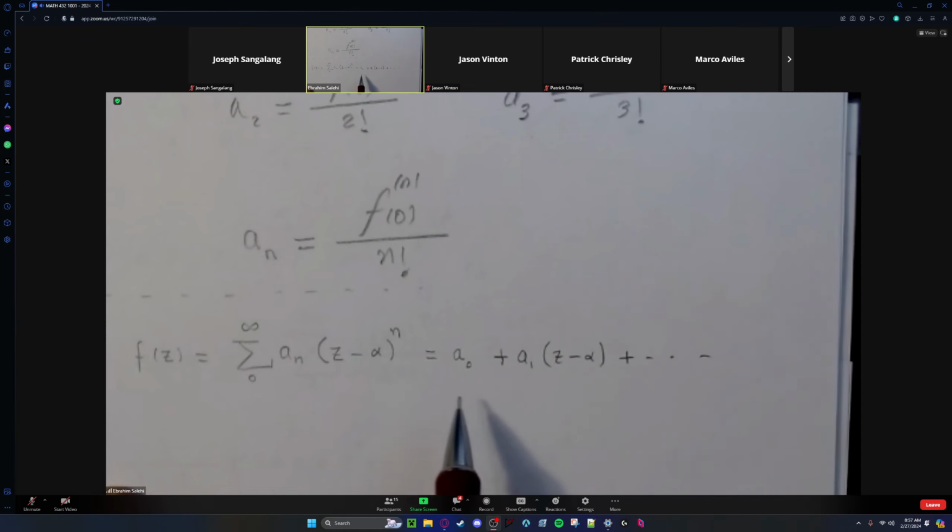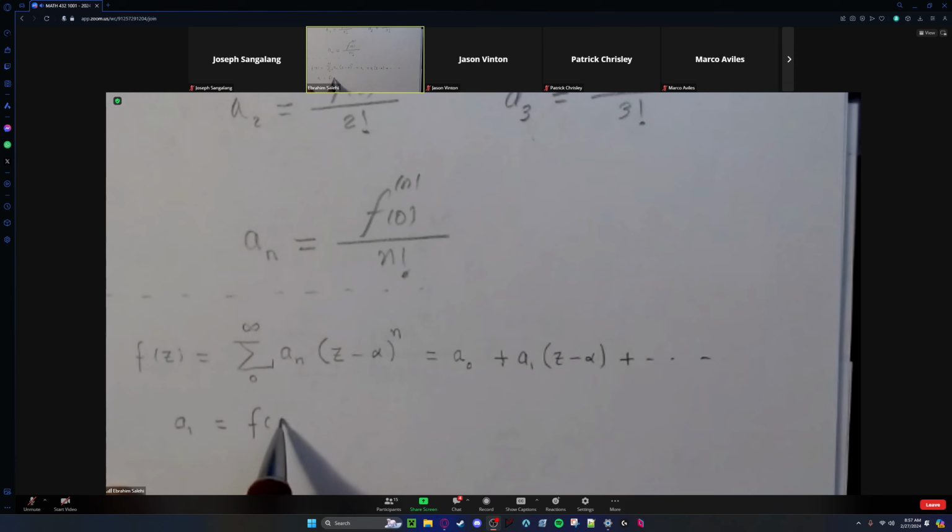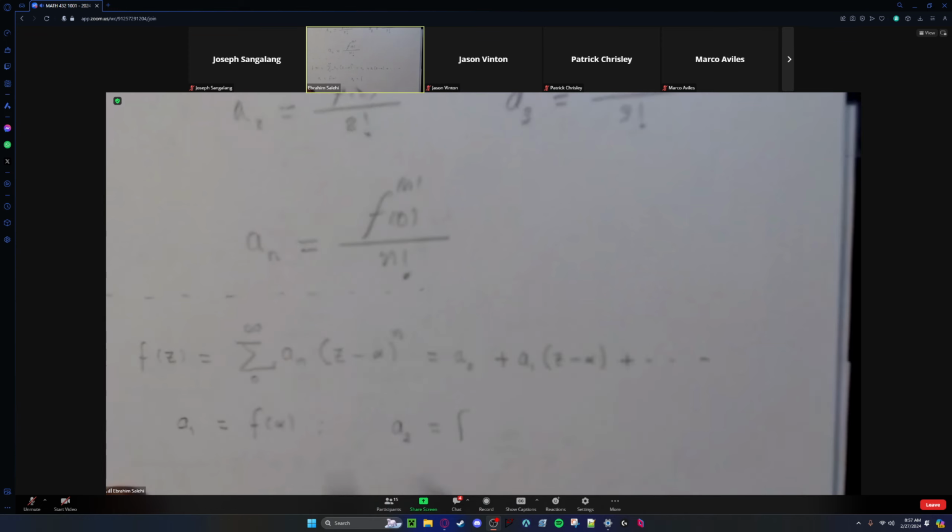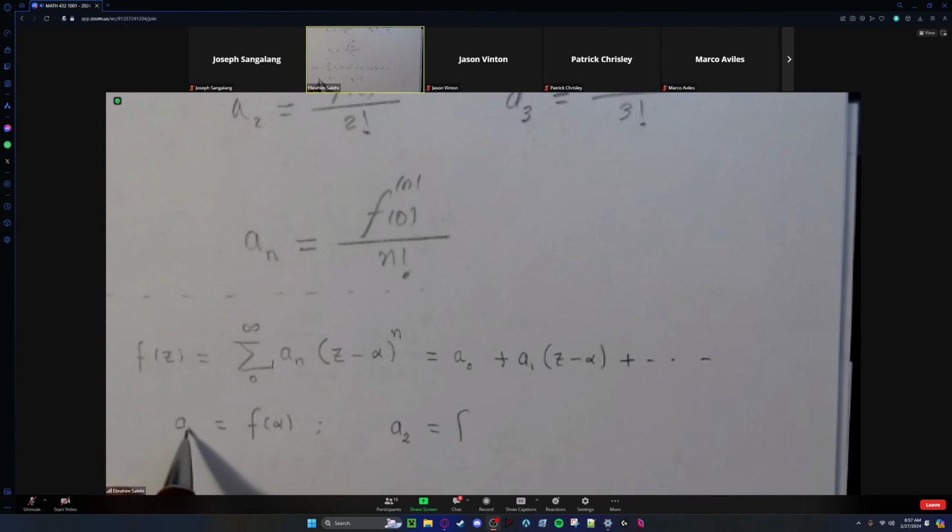If you evaluate, replace z by alpha, everything here will vanish. So a0 is f of alpha.